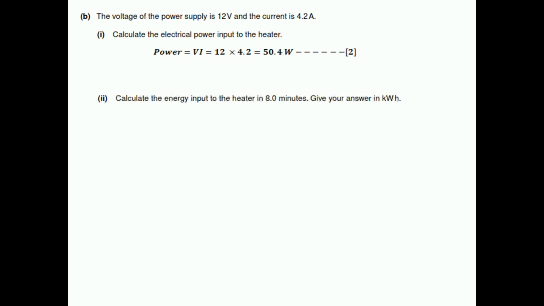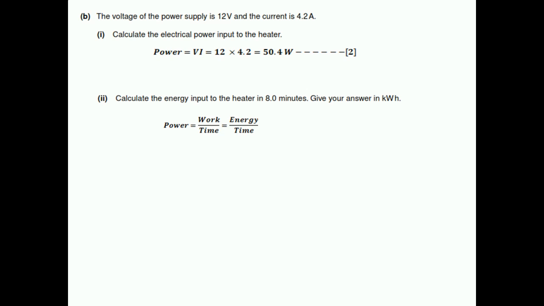Question number 11, part B, part 2. Calculate the energy input to the heater in 8 minutes, giving your answer in kilowatt hour. Dear student, in this question we have two parts. First of all, we will find the energy for 8 minutes and then we will convert it into kilowatt hour.